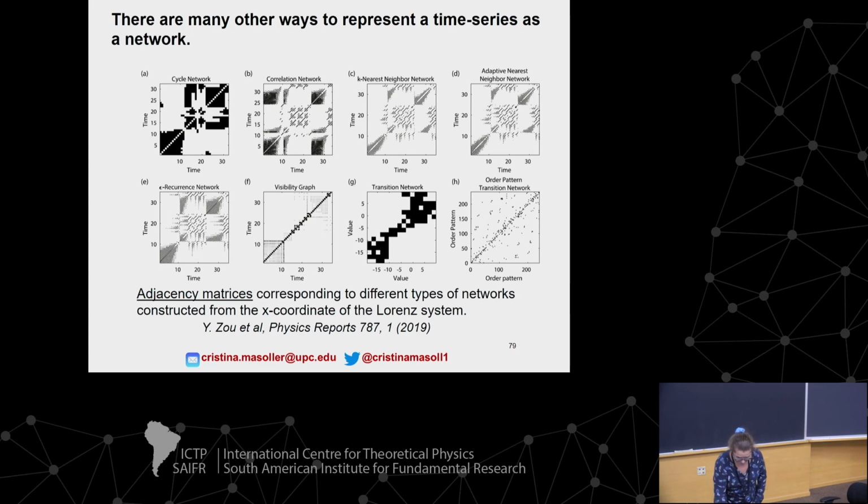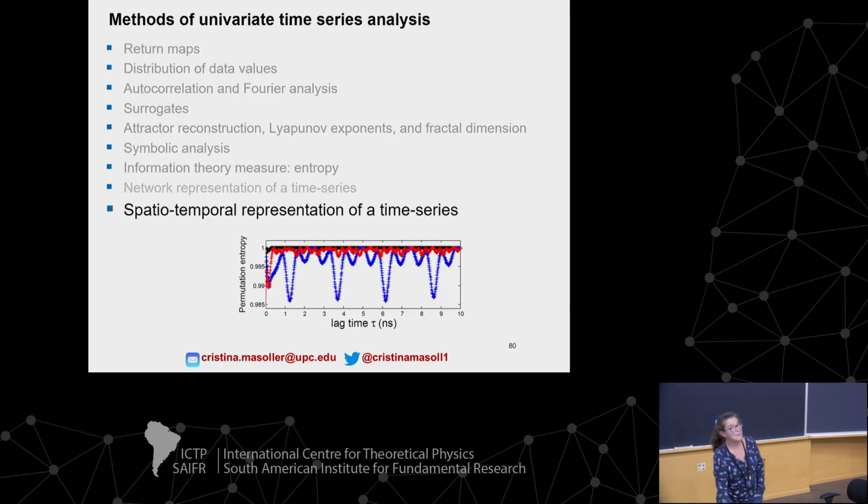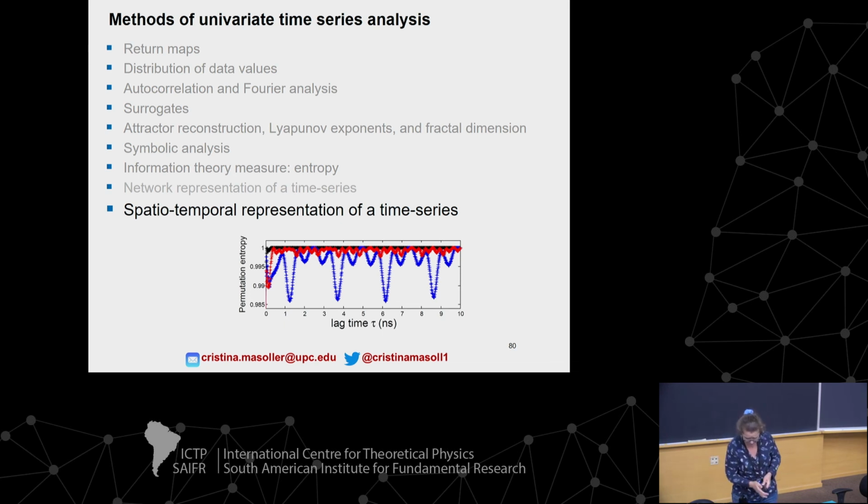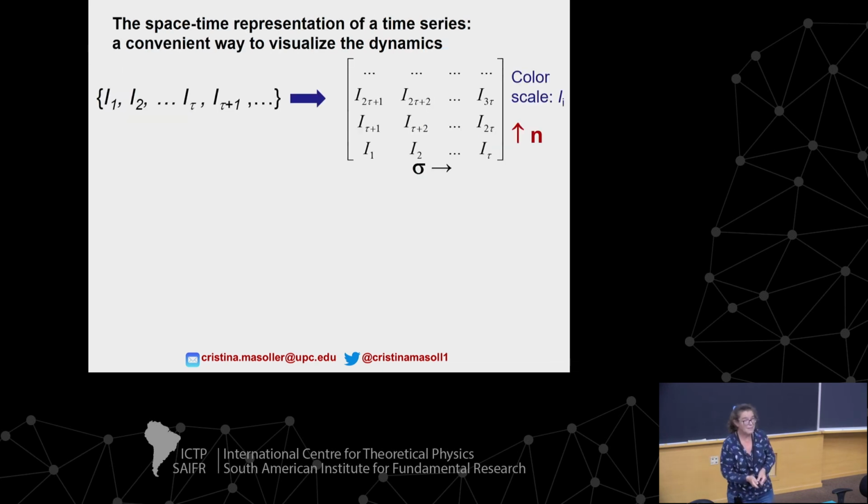The last very quick thing is how to represent a time series as an image, as a 2D plot, as a spatiotemporal plot. What you can do with any time series is to represent it as a matrix, okay?